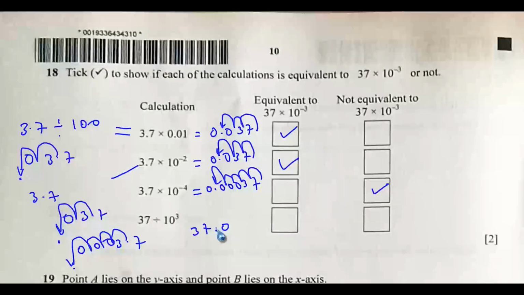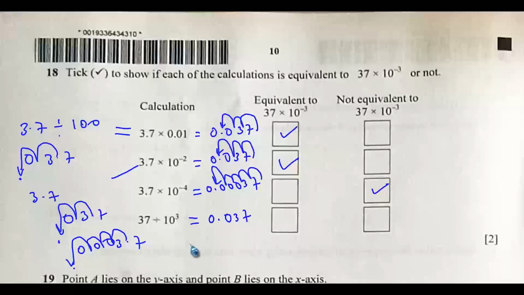So from here, you have 1, 2 and 3. So the decimal point will be here. So you can fill up this with a 0. So this will be equivalent to 0.037. Okay, so this is what you have here if you divide by 10 to the power of 3.